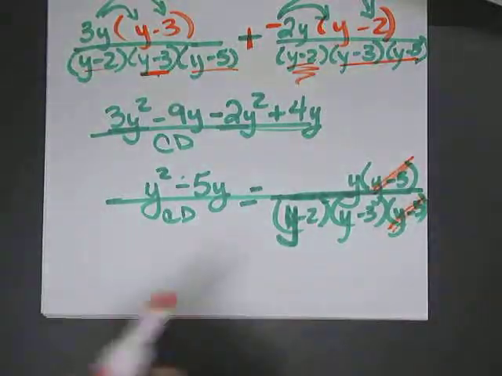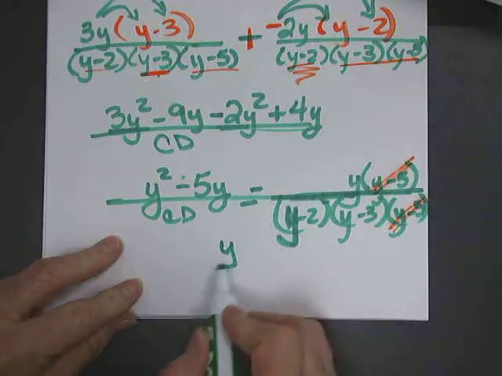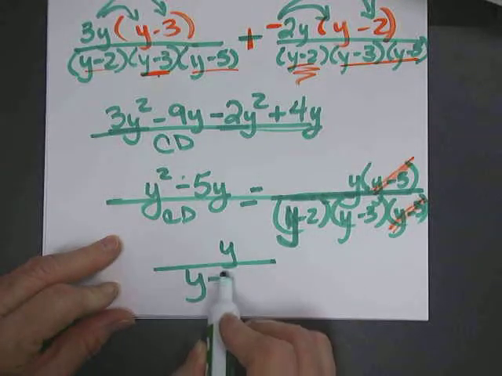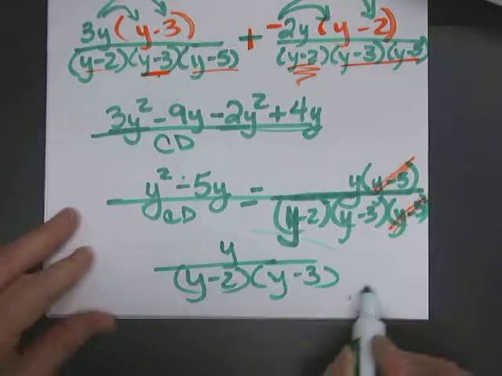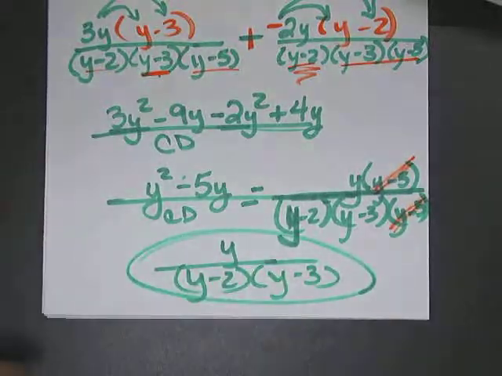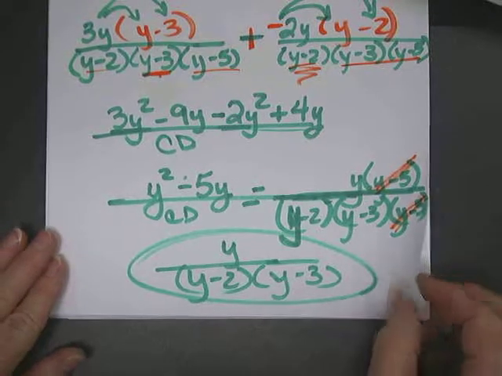So the common denominator, we can write it down here. I should have scooted this way over, because I need to write 3 things down here: y minus 2, y minus 3 and y minus 5. Can we cancel those? Yes, we may.